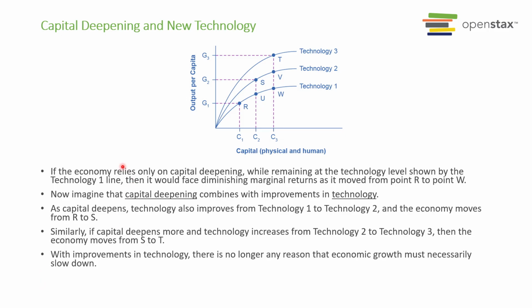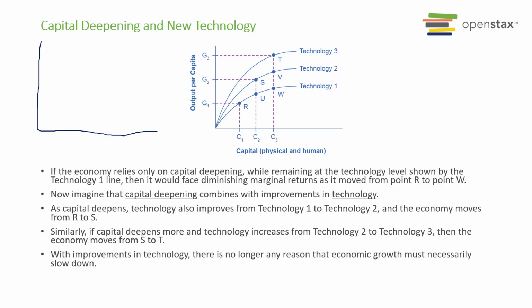So there's a nice little graph here that really illustrates what we mean by capital deepening and new technology from a graphical standpoint. Let me show you in a separate graph what it's trying to illustrate, because it might be a little much to look at there. So I'm going to draw a separate graph over here.